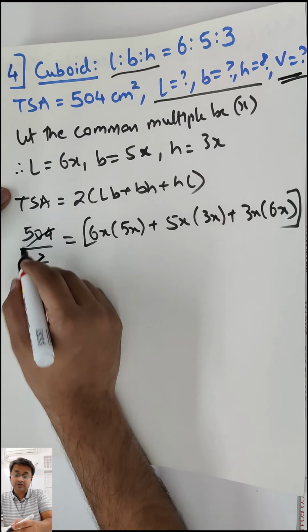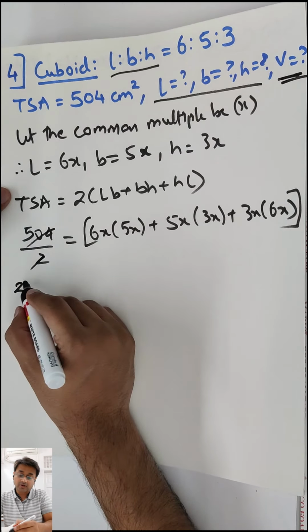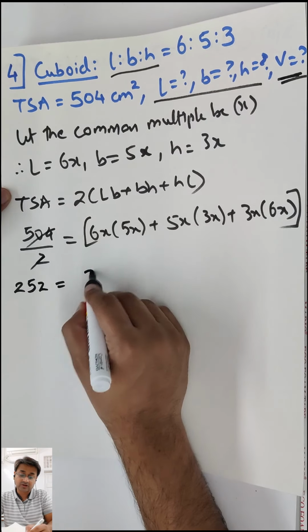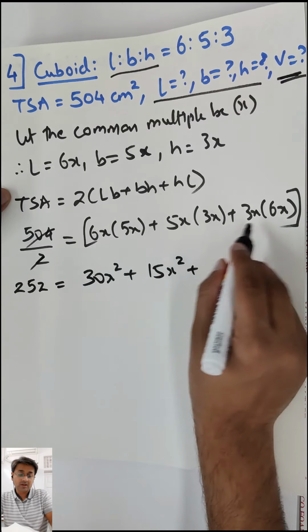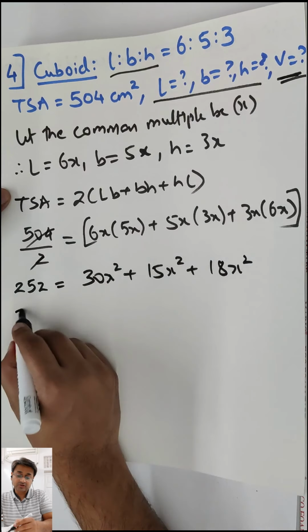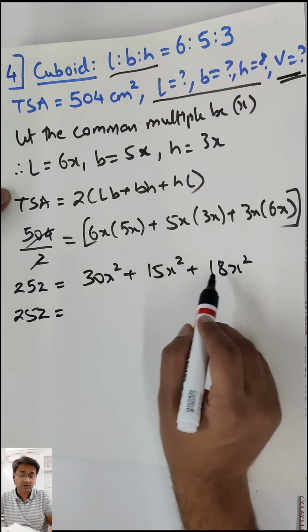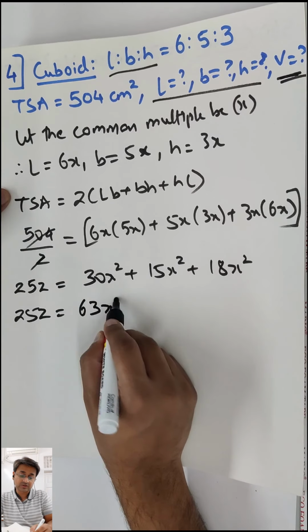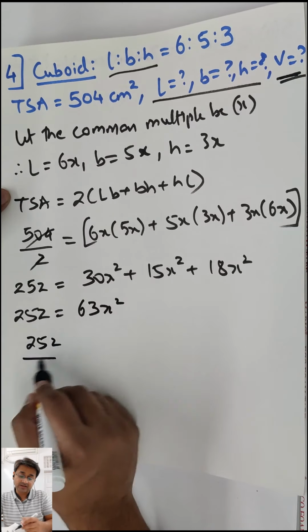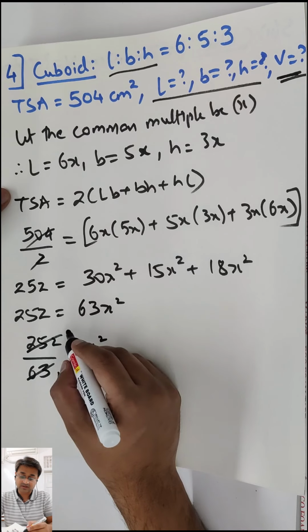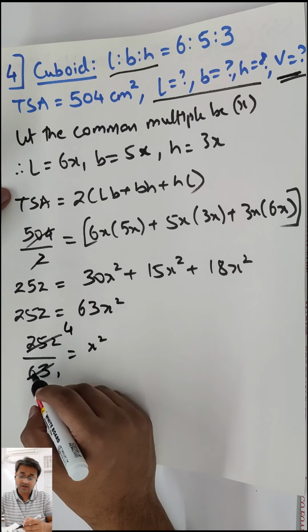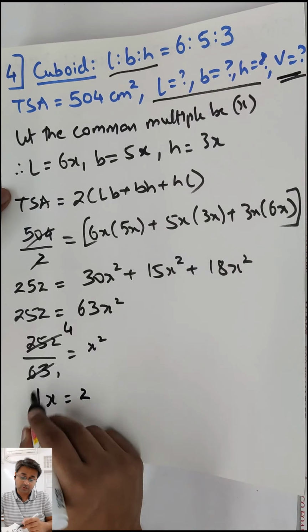So 2 1s are 2, 2 5s are 10, and 2 2s are again. So 30x square plus 15x square plus 18x square. So I get 252, 63x square. So 252 by 63 is going to be x square. So 63 ones are 63, 4 times, 4 3s are 12, 25. Yes, so x will be 2.